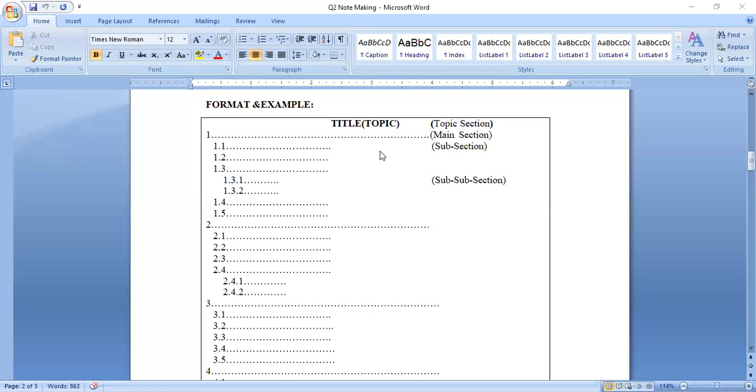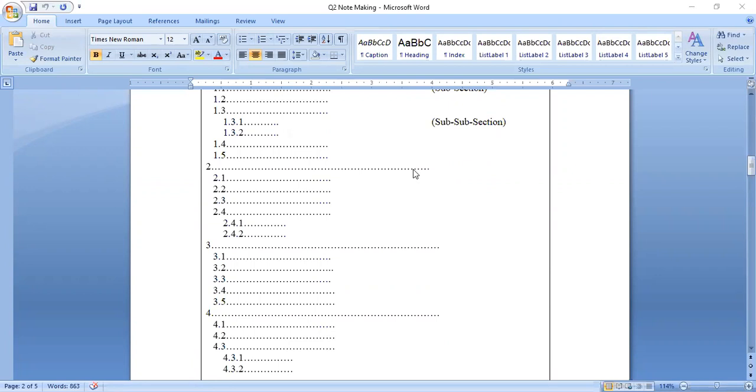It is not compulsory to write a subsection. If it is there in the passage paragraph, you can write it. So in subsection 1.1, 1 is the main section, we can say subheading. Under the subheading we can go for 1 to 5 points, 1.4 also is enough. Then the second main section or subheading, whatever you can get from the second or third paragraph in the passage.